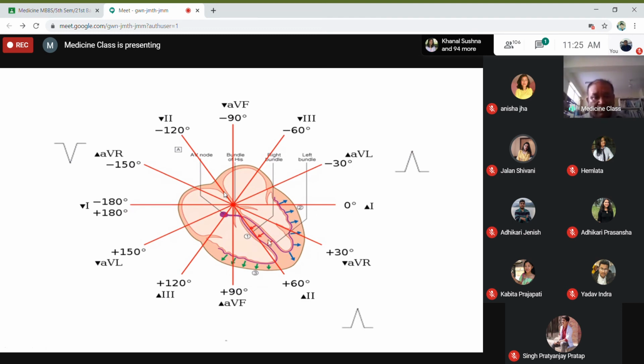So you will have a positive deflection. But in lead 3, it will be just like an in-between, isn't it? From here, it is coming towards it, but after this, it will record it as going away from it. So there will be a biphasic depolarization.